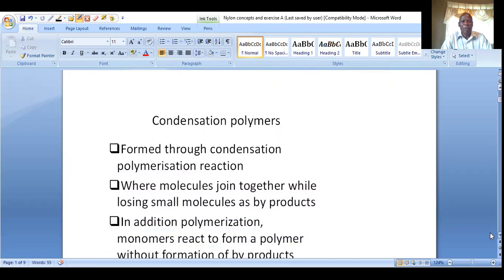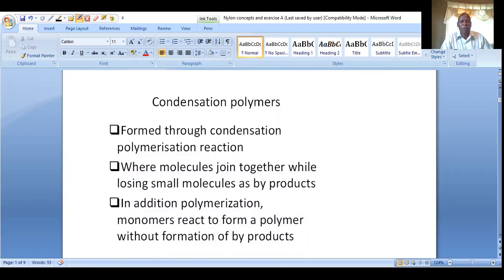Condensation polymerization is the one we are going to concentrate on today. What is this condensation polymerization? It is where molecules join together while losing smaller molecules as byproducts. The joining together here are the monomers.